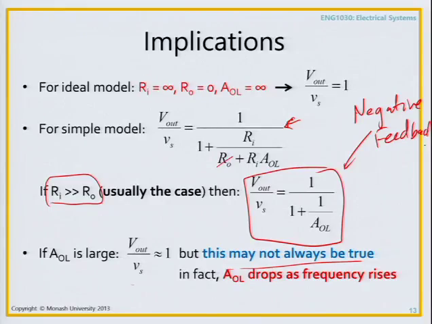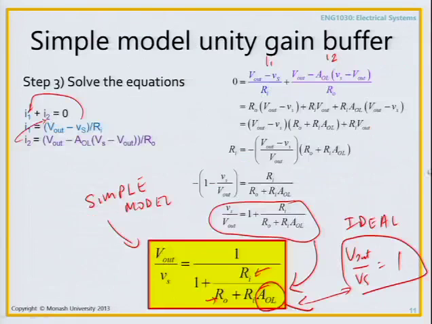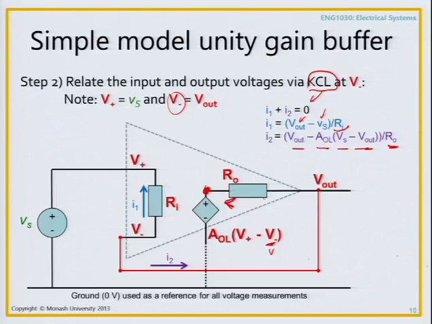And I replied, well, negative feedback makes V plus equal to V minus, right? Well, I had no such assumption when I looked at this circuit. I didn't say that, because there's negative feedback, V plus equals V minus.